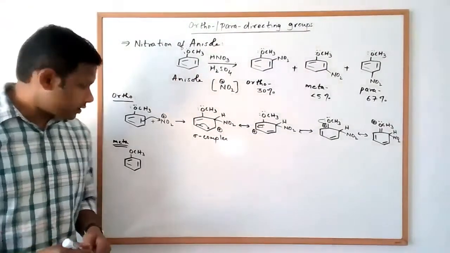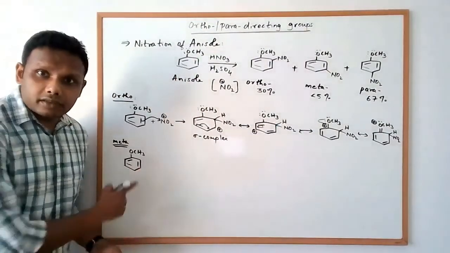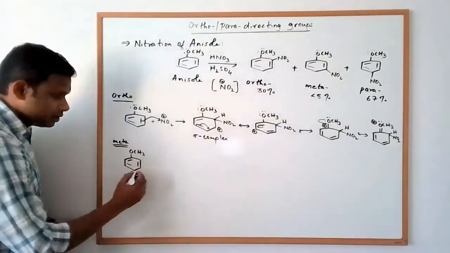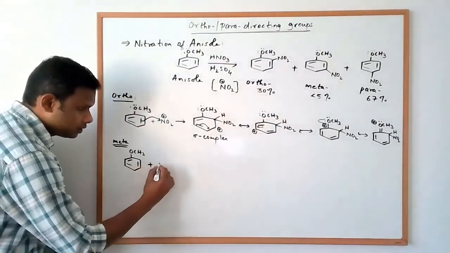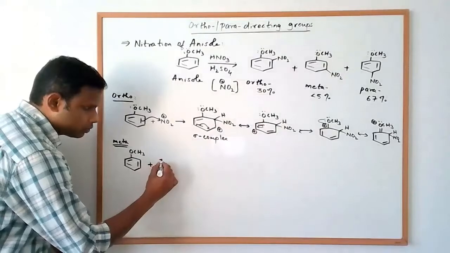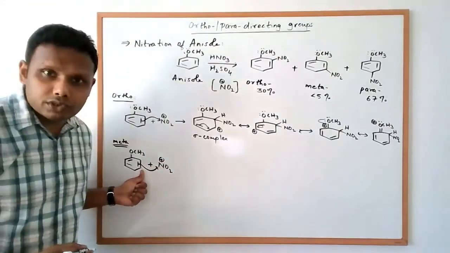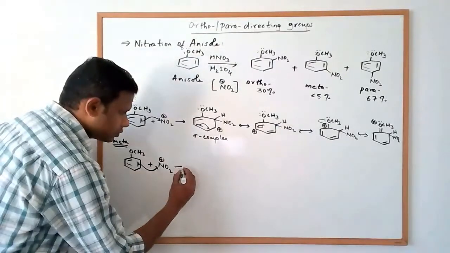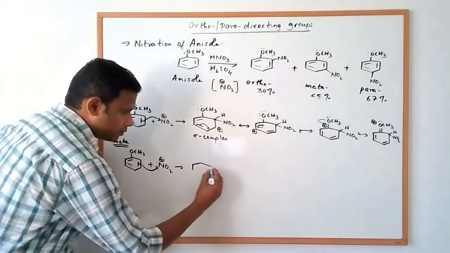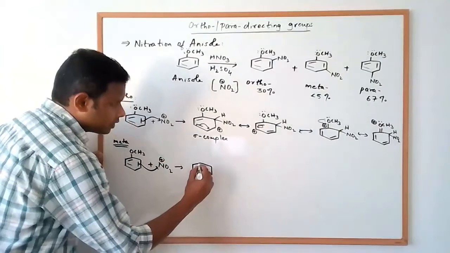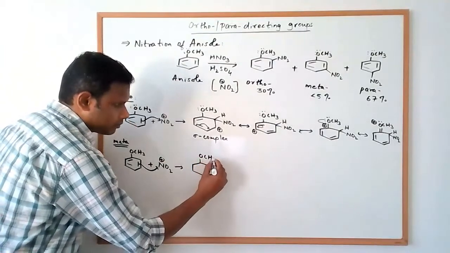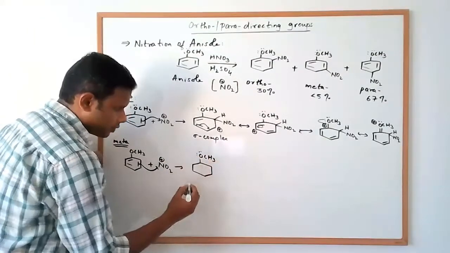So for the meta attack, I have to use a pi bond again that's associated with the meta position here. And the pi bond that we used here for showing the ortho attack would work fine because that's also associated with the meta position here. So that pi bond is going to attack the nitronium ion, and it will give us a sigma complex for the meta attack.